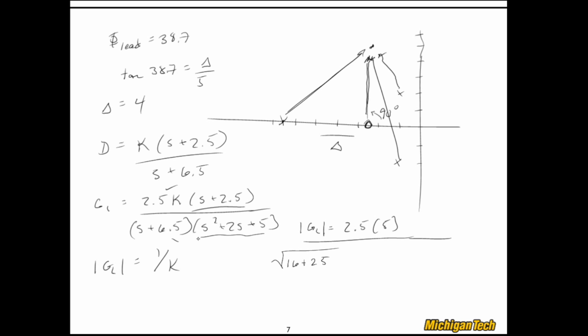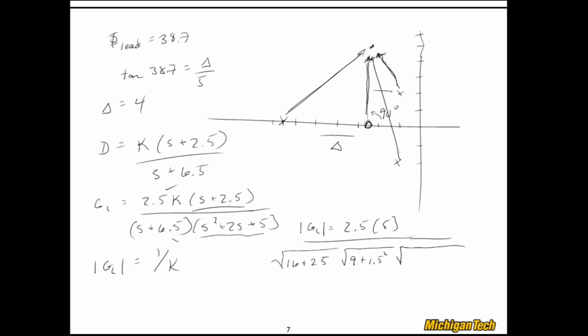Then if I go after this term in 2 pieces, if I do this one first, I'll have the square root of 3 squared, which is 9, plus this distance squared, which is 1.5 squared.